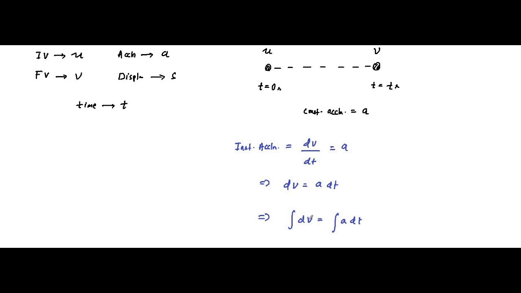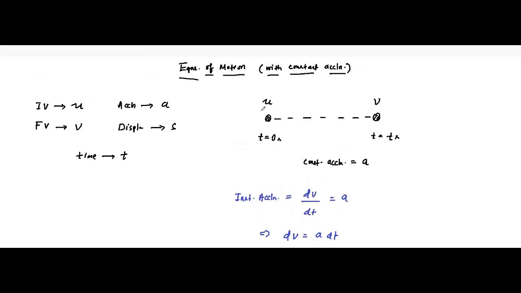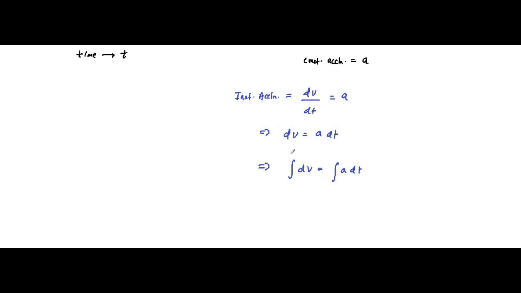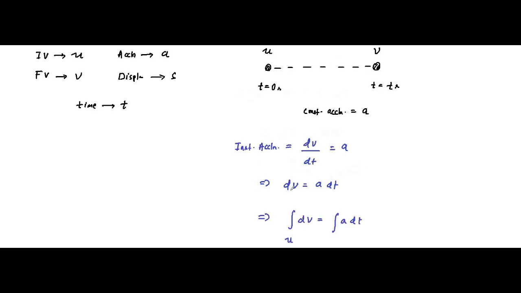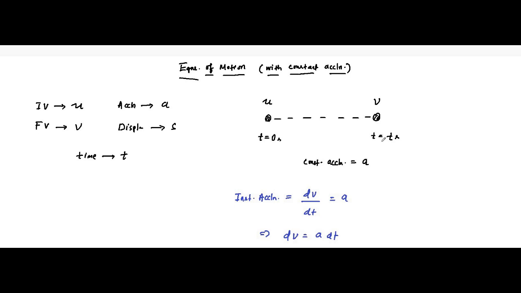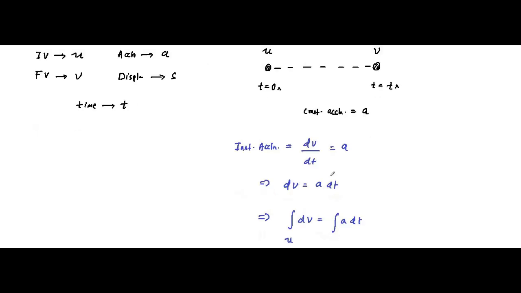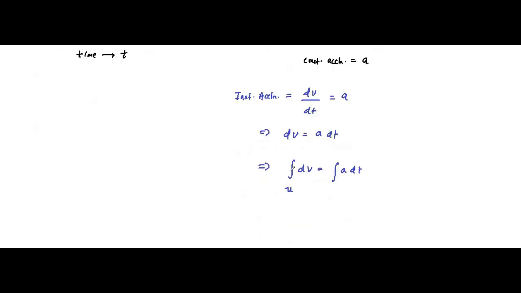Everything concerned with velocity here on the left hand side will fall on the lower side: the initial velocity, which is u, the starting velocity, because at time t equals 0, the initial velocity was u. Then the upper limit is the final velocity, which was recorded at time instant t equals t seconds. So the two limits, lower and upper limit of the velocity dv, are u and v.